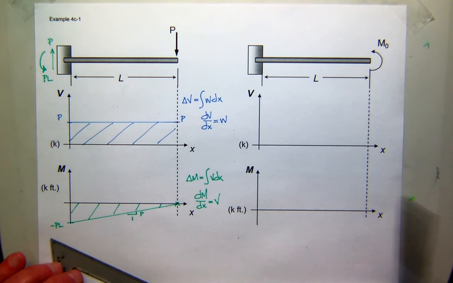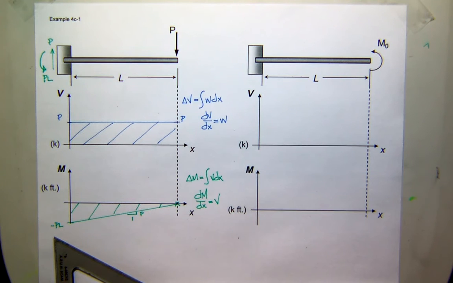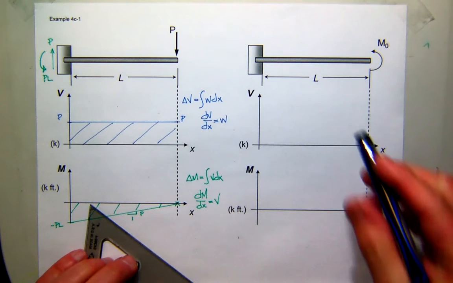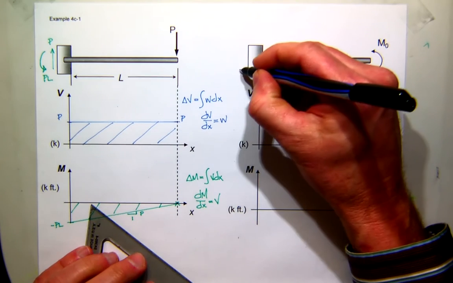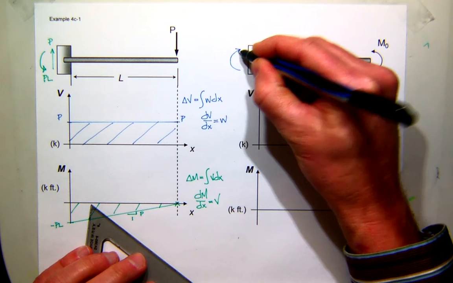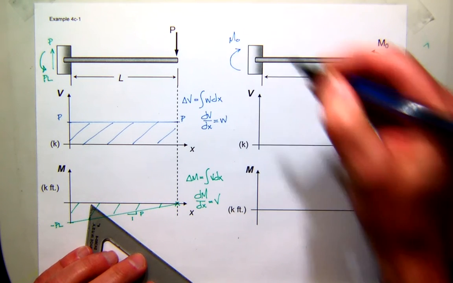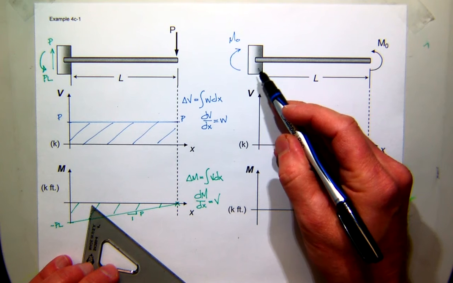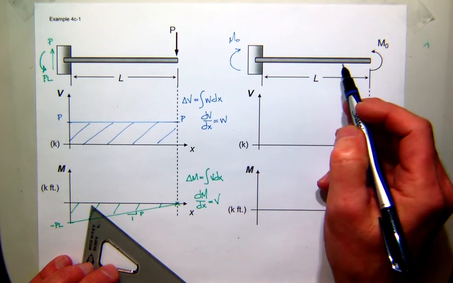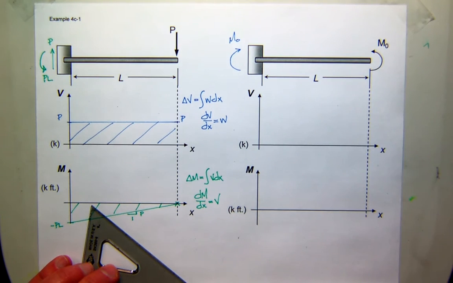All right, so let's go back, and now what's different over here is that the only load is the moment. Okay? So in this case, equilibrium will tell you that you have a positive bending moment of M naught as a reaction, and you have no shear. If you sum forces in the y direction, no reaction. So let's draw my shear diagram.